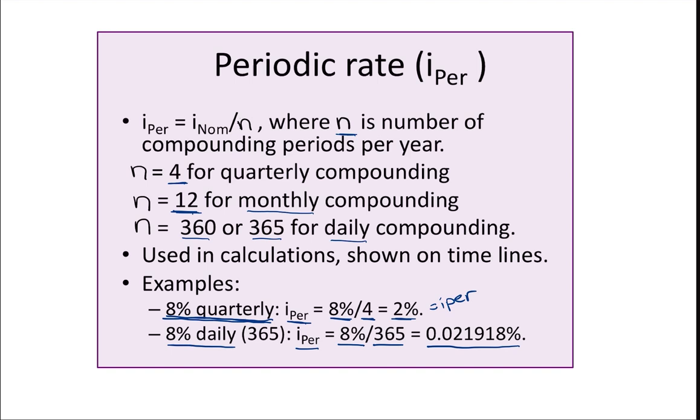So again, when we do our calculations, when we do our timelines, when we do our rate calculations in Excel, we want to use the periodic rate. Okay, so what is the rate per period? And that is dependent on how often it is being compounded in a year.